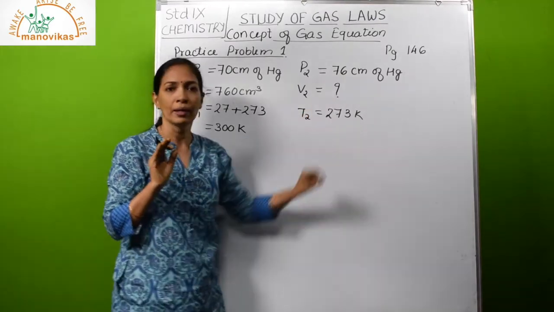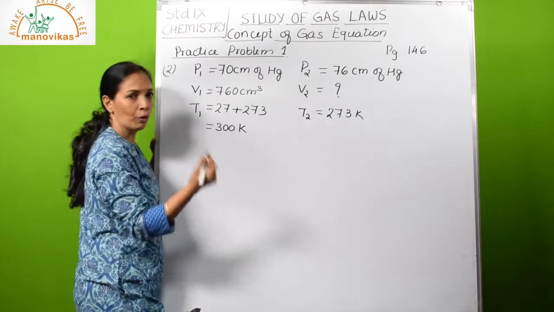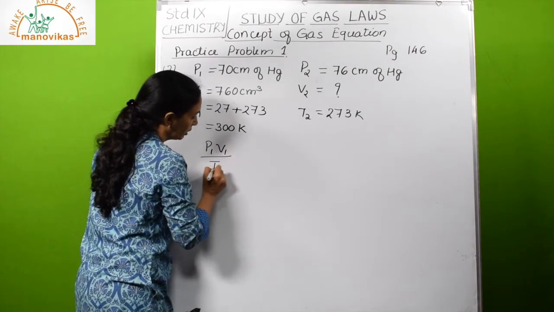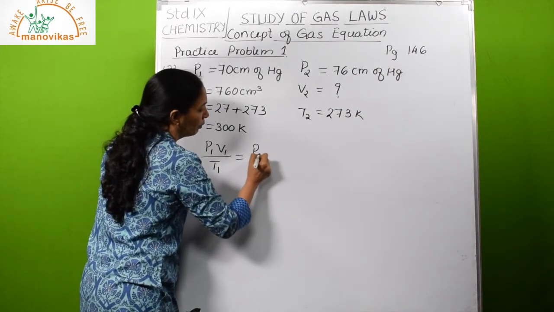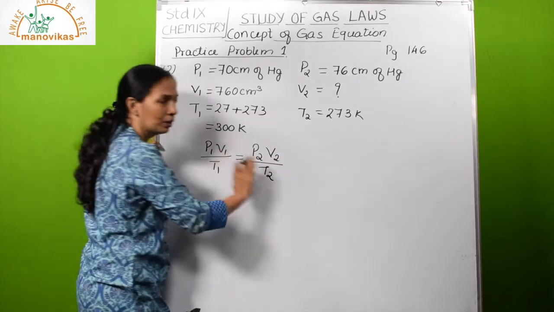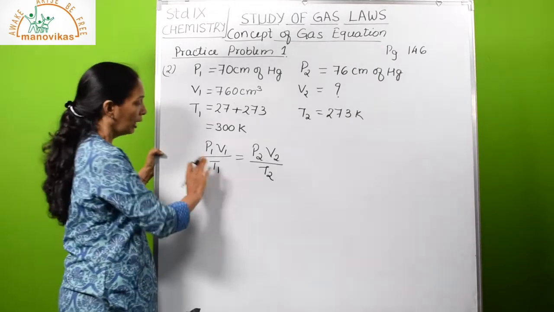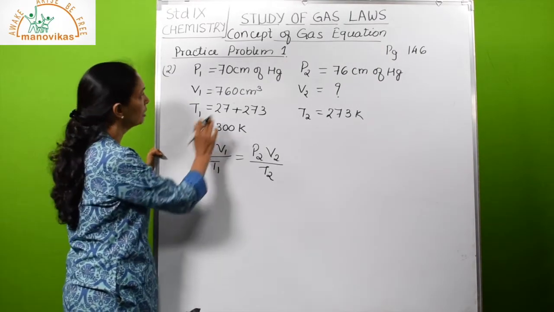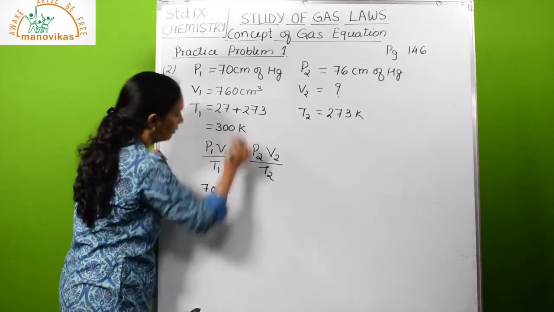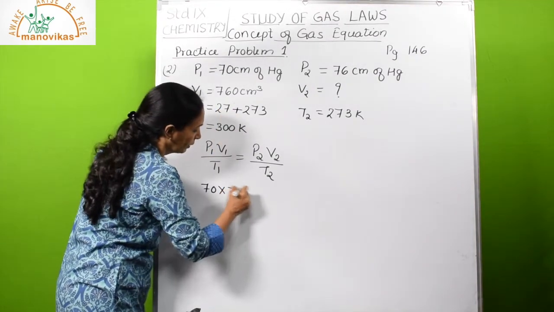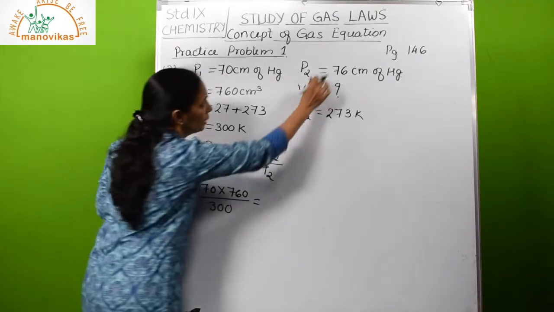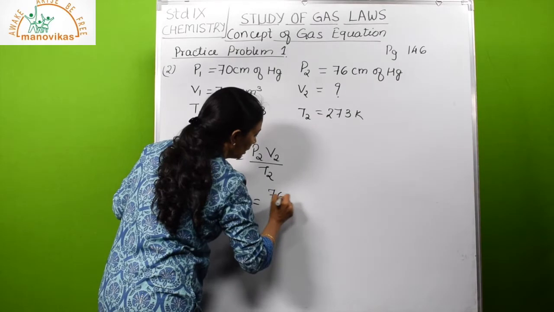So volume is unknown. The next step is to write the formula. What is the formula? P1 V1 upon T1 is equal to P2 V2 upon T2. This is enough. You don't have to write in words. Write this and substitute the values. What is P1? 70. What is V1? 760. What is T1? 300. What is P2? 76.